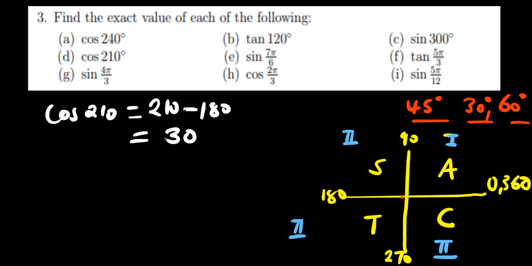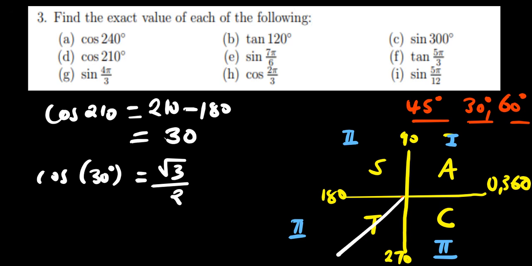That gives us 30 degrees, and cos 30 degrees is the same as root 3 over 2. Now in this quadrant, 210, only tan is positive, so it means our answer in this case would be negative. That would be our final answer.